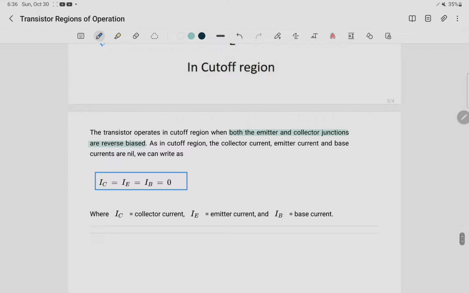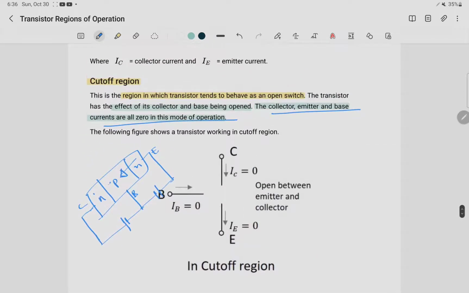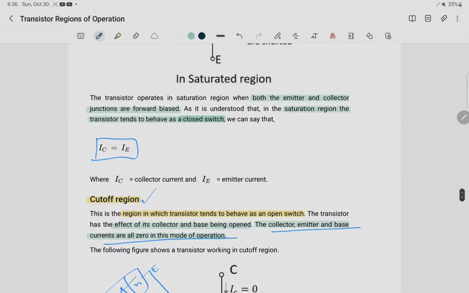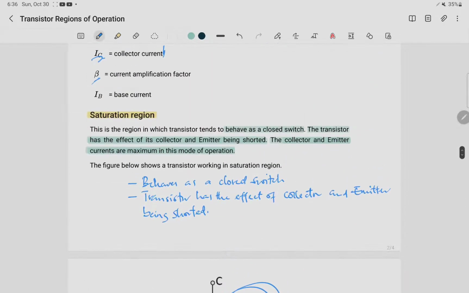This equation just shows you that all the currents in the transistor are zero when both the junctions are reverse biased and when the transistor is not biased, we have the cutoff region. So basically our transistor operates as a switch, as an open switch in the cutoff region, and as a closed switch in the saturation region.